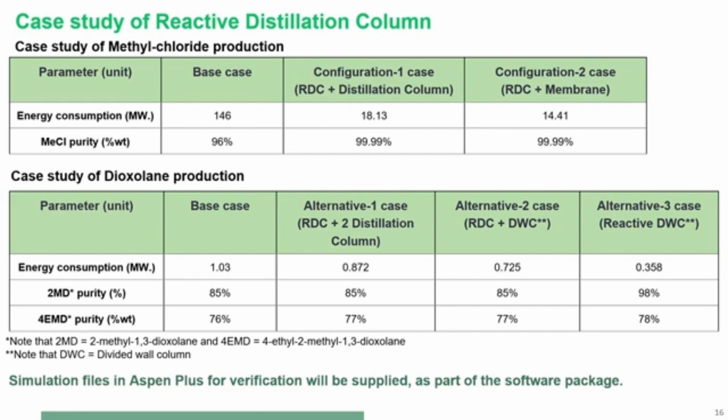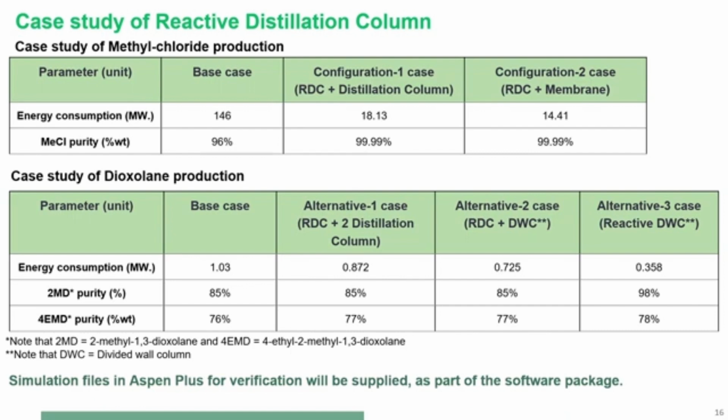For the case study of methyl chloride production, after applying the RDC, as shown in the configuration 1 case, the energy consumption can be reduced from 146 to approximately 18.13 MW, and the methyl chloride product purity is also increased, compared to the base case.